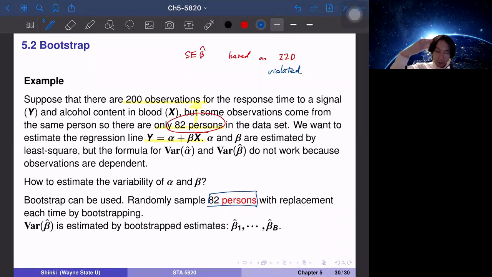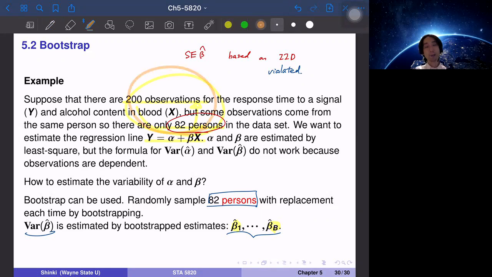Then for each resampled data, each bootstrapped data, we estimate beta. Then we can make the distribution of beta hat and calculate the variance of beta hat. So this is probably the most common application of Bootstrap. If the data structure is complicated like this, then the Bootstrap certainly helps to estimate the variability of beta hat.